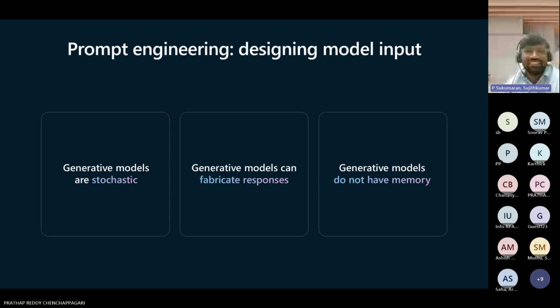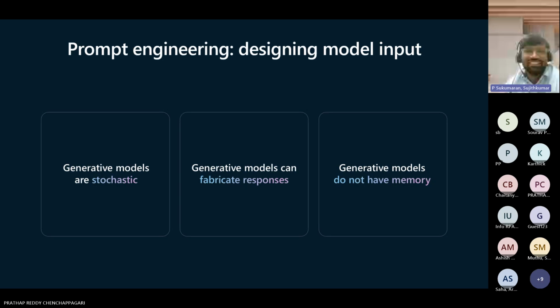Generally we know these models are statistical. If you ask the same question two times, it might give a different answer. Similarly, if your model doesn't have context, it won't stay silent. It will guess. Even though it doesn't have an answer, it will create one.